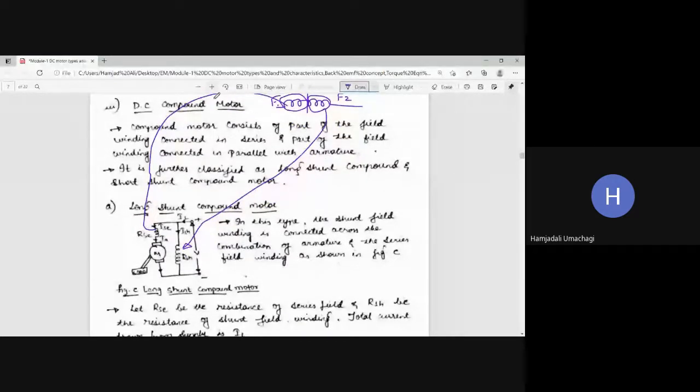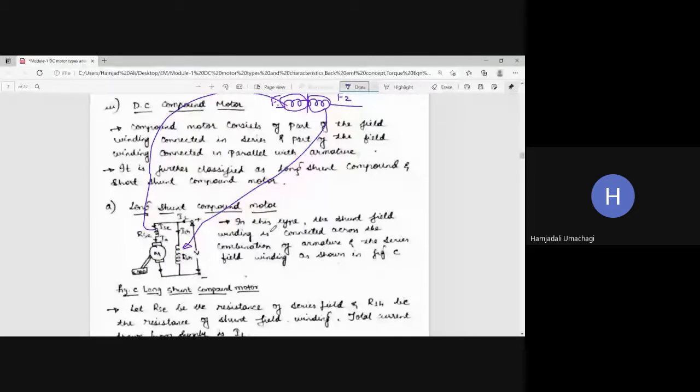Further, based on whether you are including the remaining part of the field winding or excluding it, you will be calling the DC compound motor long shunt or short shunt. It is further classified as long shunt compound and short shunt compound motor. Now let us see the circuit diagram for the long shunt compound motor.